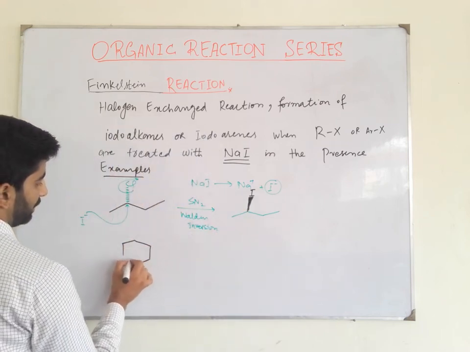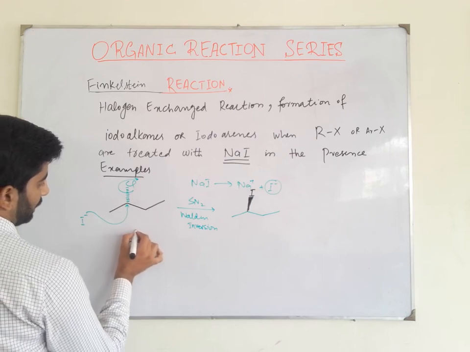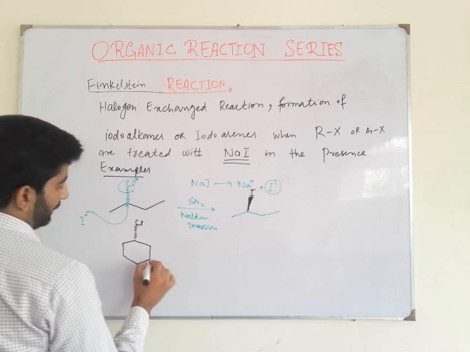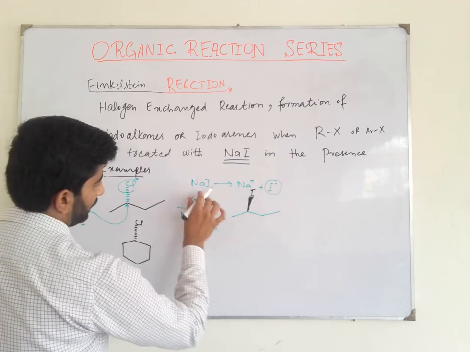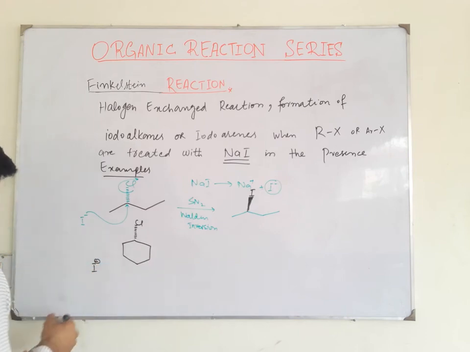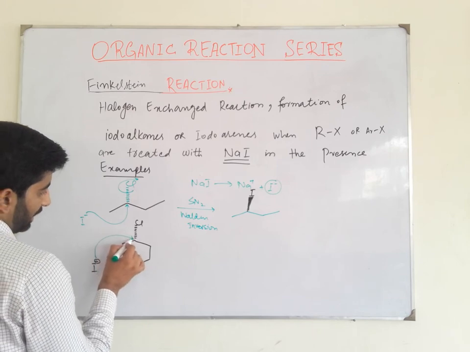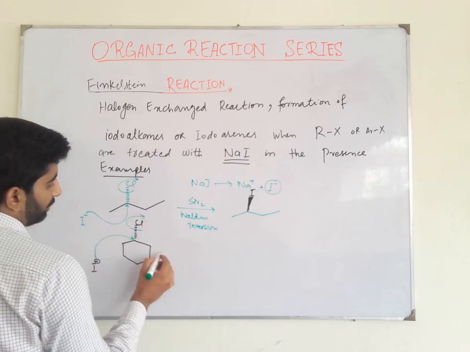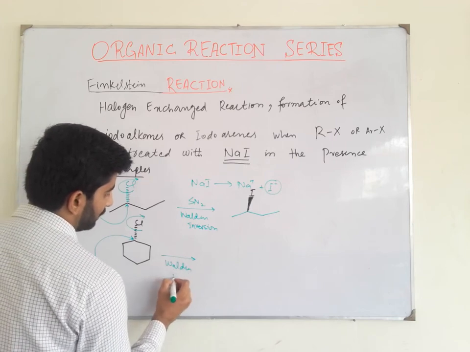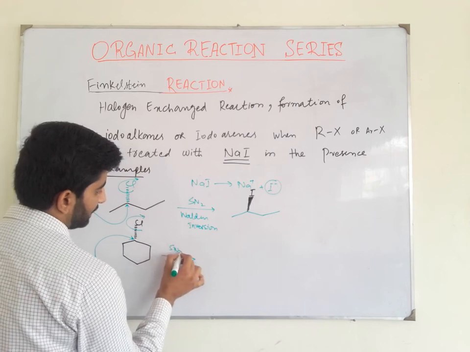We have another example, where we have an aryl halide and sodium iodide. Again, sodium iodide gives sodium ion and iodide ion. This iodide ion acts as a nucleophile and attacks from the back side of the leaving group at the electrophilic center. The leaving group leaves. Walden inversion takes place and it follows the SN2 mechanism.